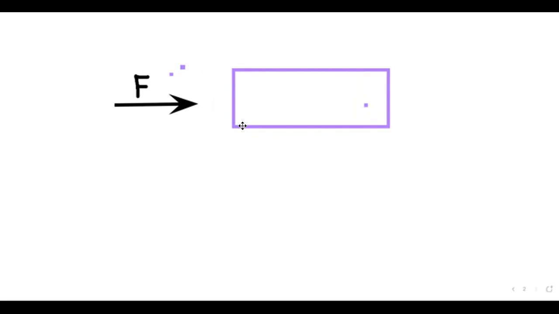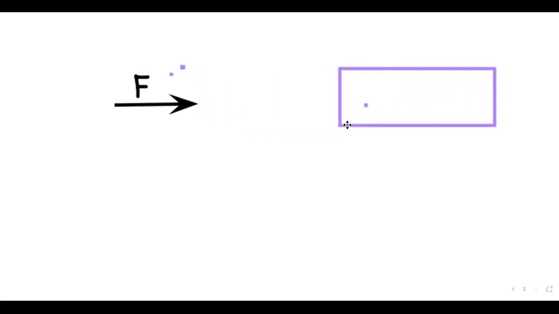When force acts on it, the object starts moving along the direction of force like this. Now the object has some velocity. So initially when there was no force, the object was in a state of rest.